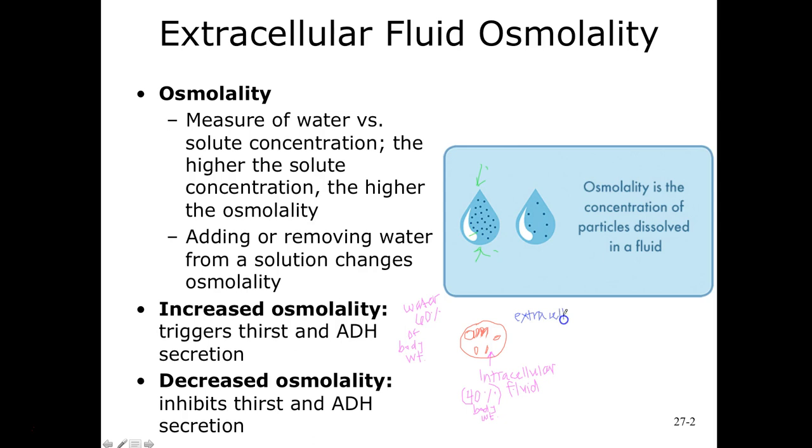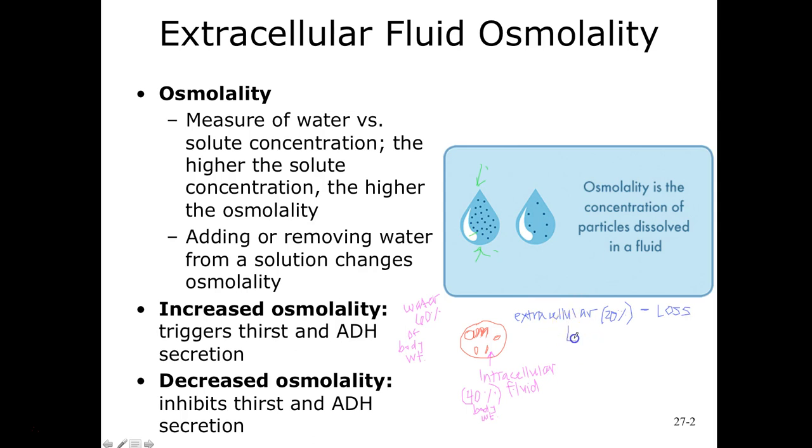Extracellular is the remaining 20% of our full 60% water from our body weight, so it also makes up that 1/3. And by the way, this is the area that is prone to loss. If we're losing water, it's almost always coming extracellularly.